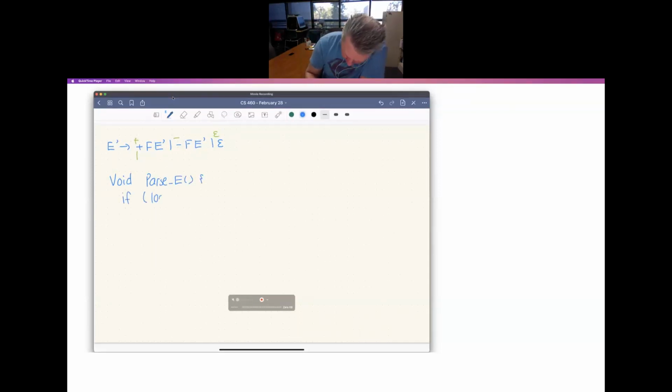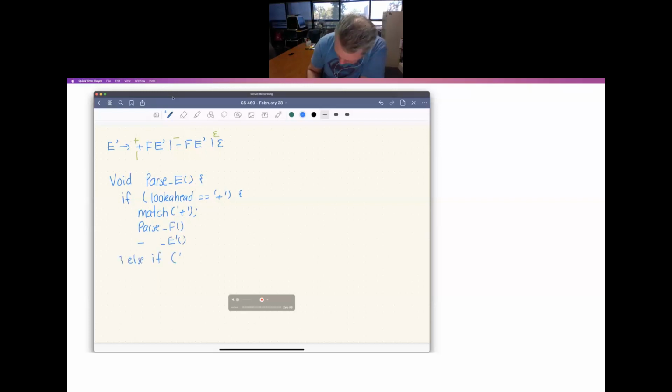If the look ahead is a plus, then match the plus, parse F, parse E prime.